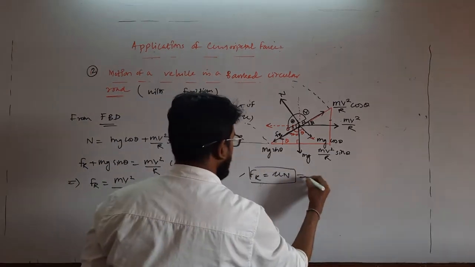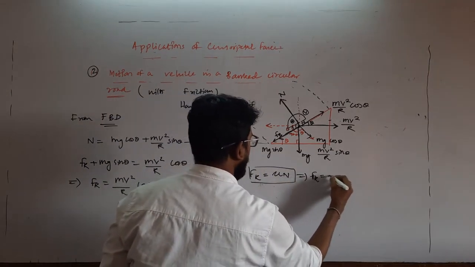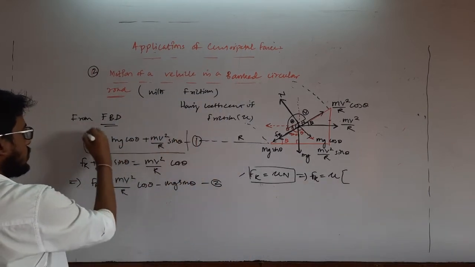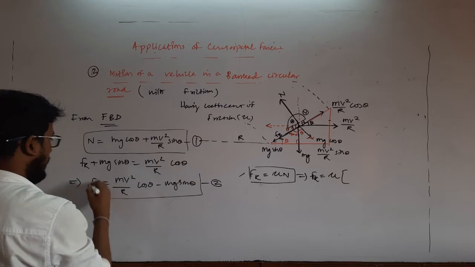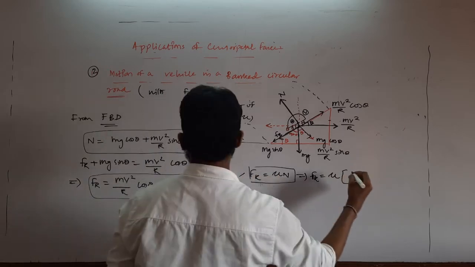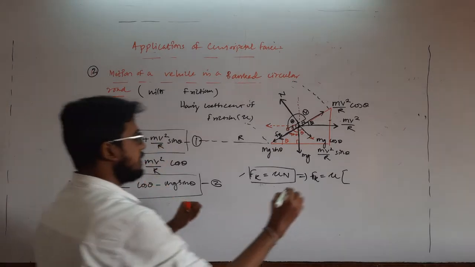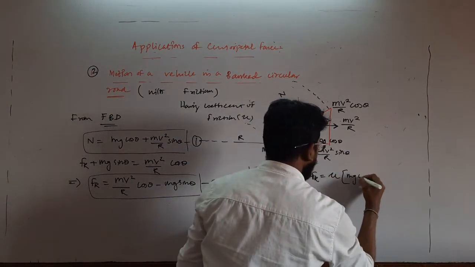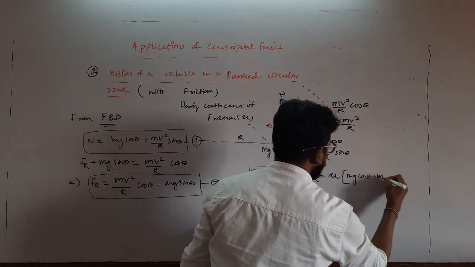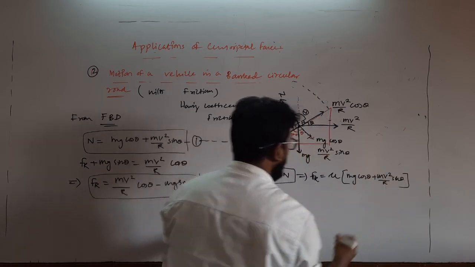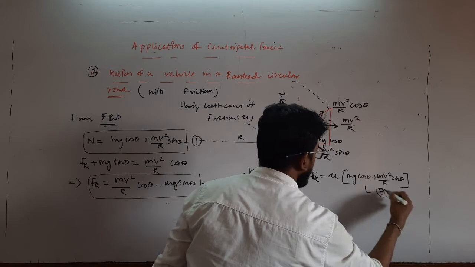So this implies the frictional force equals mu into N. What is N? This is the value of N in equation 1. So we will get Fr equal to mu into mg cos theta plus mv square by r sin theta. Let it be equation 3.